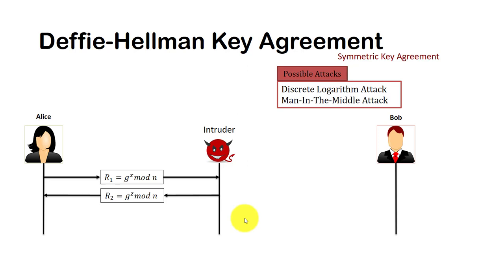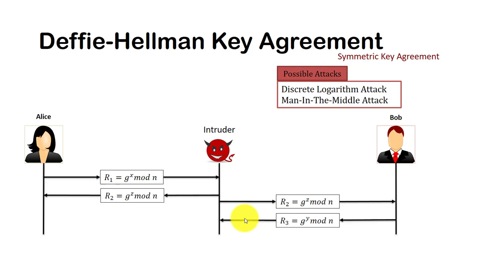It will send the same value to Bob as well. To Bob, it will appear that somebody is trying to contact him and create a key with him. So R2, when received by Bob, Bob will calculate the value of g to the power y mod n and send it to the intruder. The intruder again intercepts this message and does not send it to Alice.